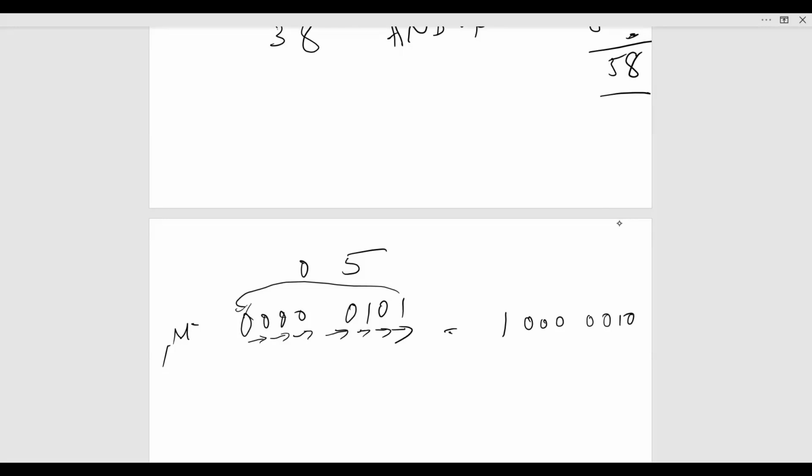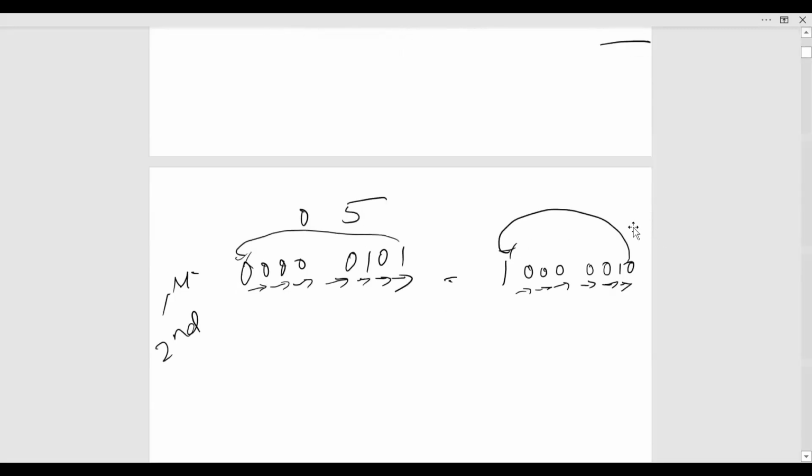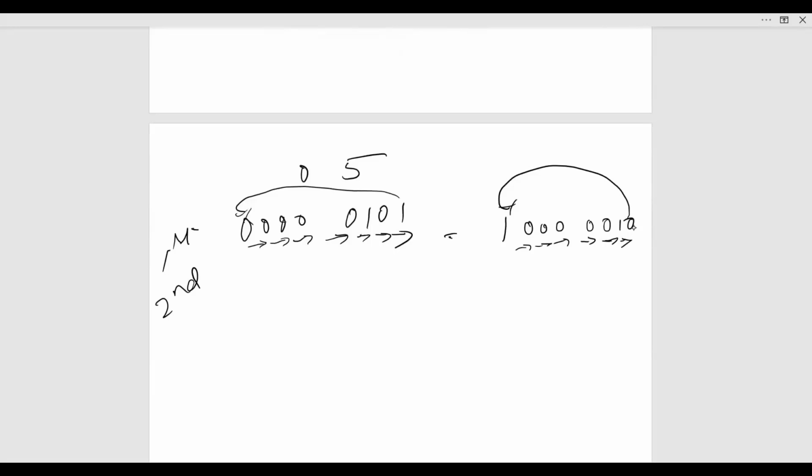After the second rotation, this comes to here, and again all the bits go left by 1 bit. So now the number will be 0100 0001.